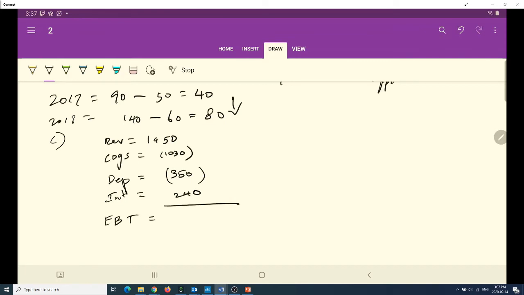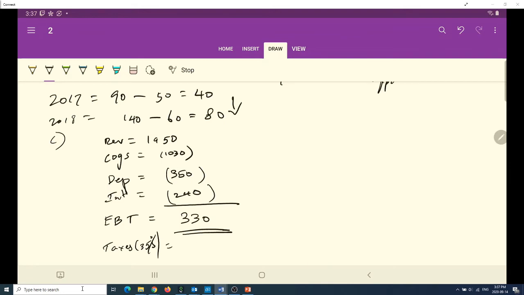So 1950 minus 1030 would be 920. 920 minus 350, 570. 570 minus 240. Okay, so that will be your earnings before taxes, and taxes are 35% of that.